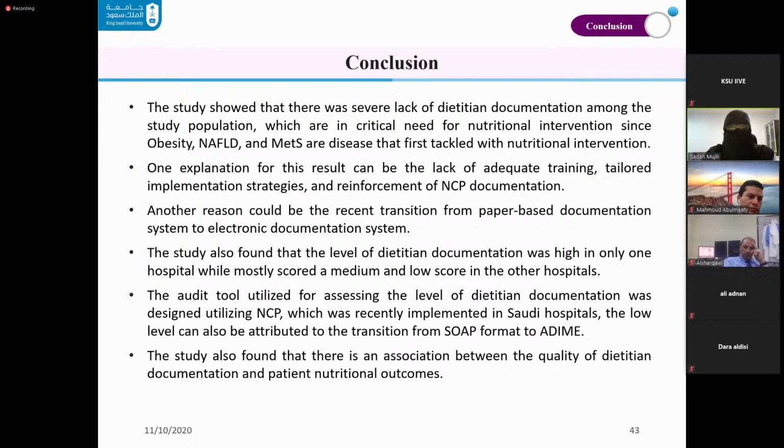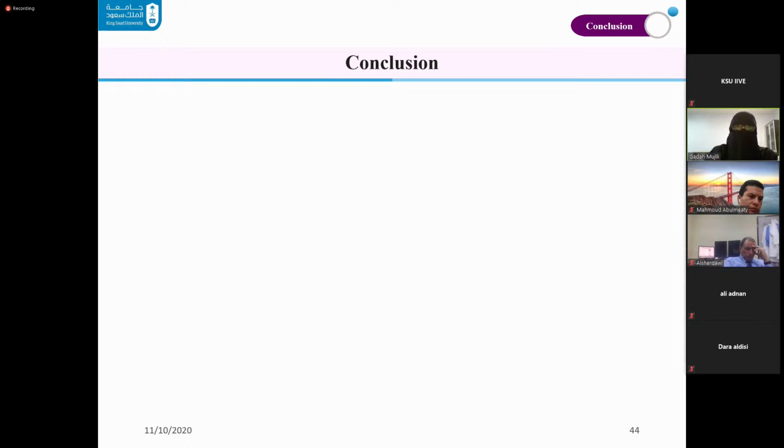The audit tool utilized for assessing the level of dietitian documentation was designed utilizing NCP, which was only recently implemented in Security Forces Hospital. The low levels can also be attributed to the transition from SOAP notes to ADIME. The study also found that there is an association between the quality of dietitian documentation and patient nutritional outcomes.